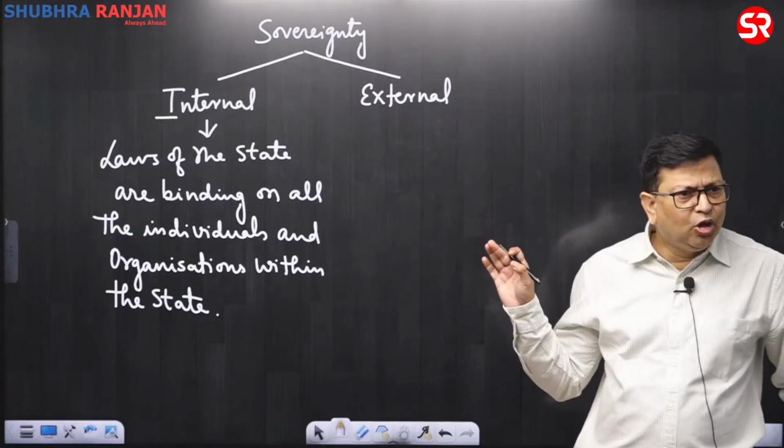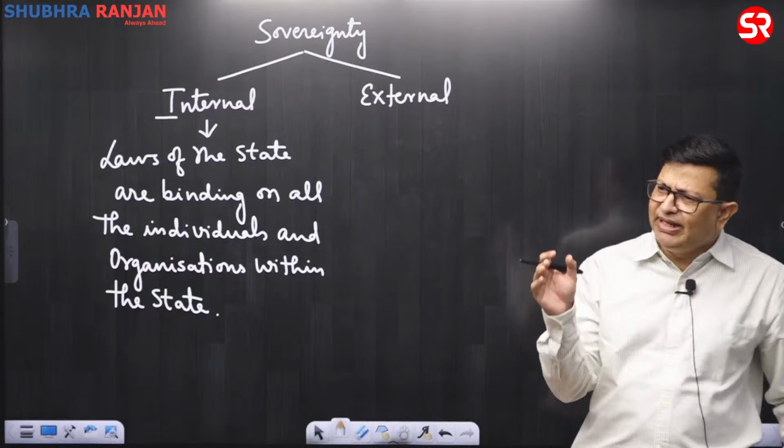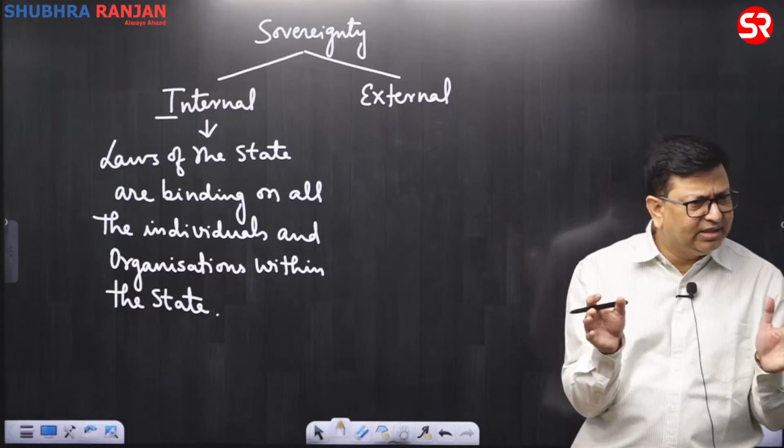So, laws will be binding on every individual, every organization within the territory of the state.